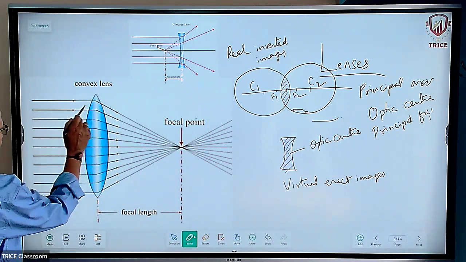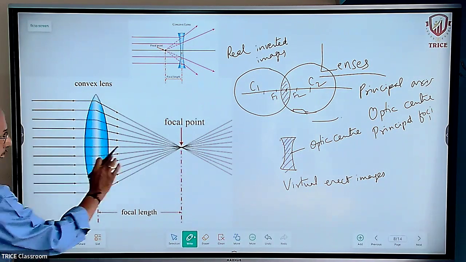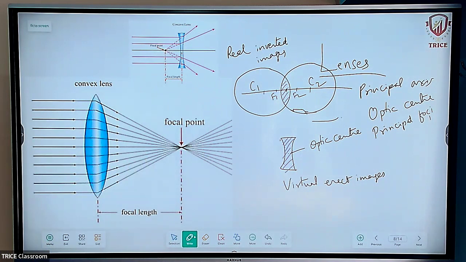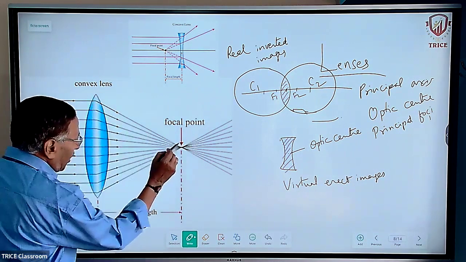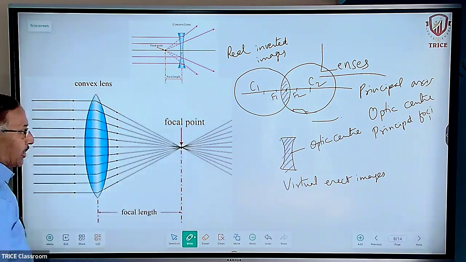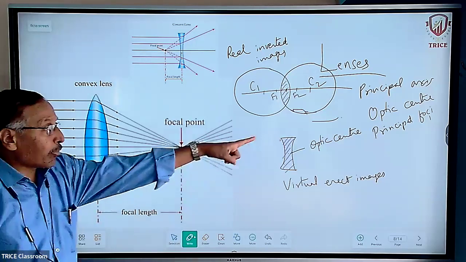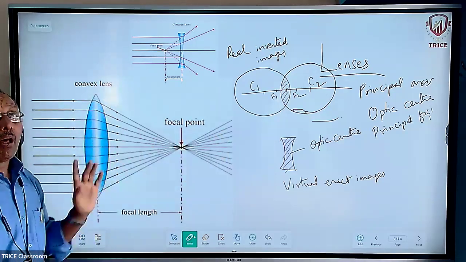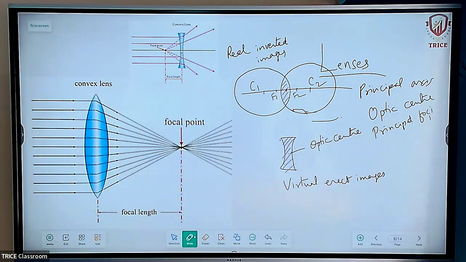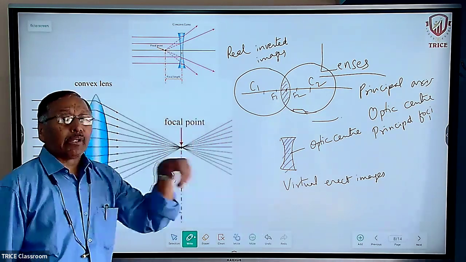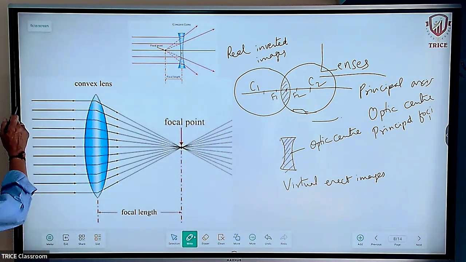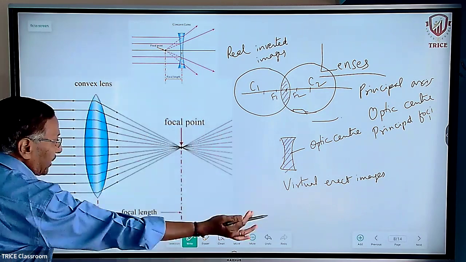All the light rays traveling parallel to the principal axis bend and all meet at a point which is the principal focus. But the image is formed on the other side of the lens. Always light is incident on the left hand side and the image is formed on the right hand side.